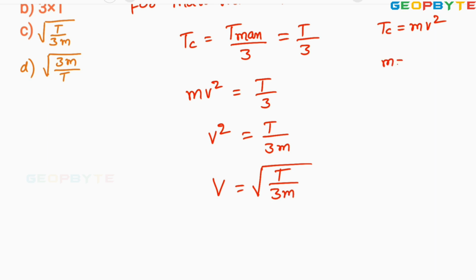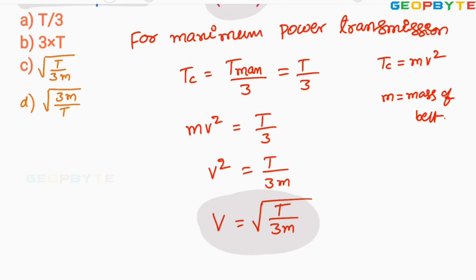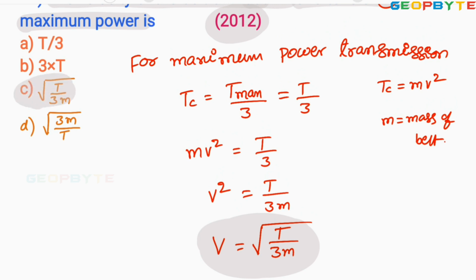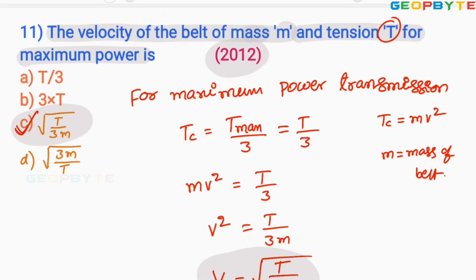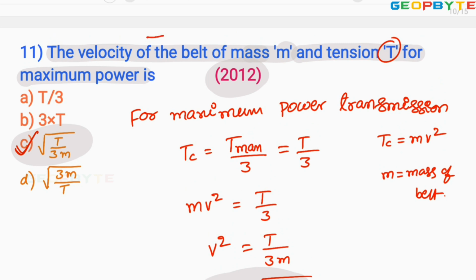So the condition for maximum power transmission is belt velocity equal to root T maximum by 3m or root T by 3m. Look at option C. Option C is absolutely correct. I hope all of you clearly understood. Since it is also a very important problem, I am marking it as a 5-star problem. Let us move to the next problem.